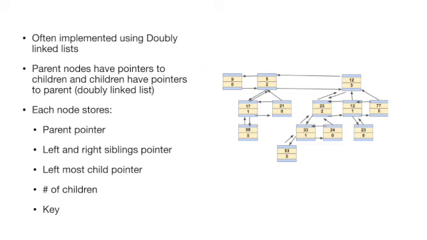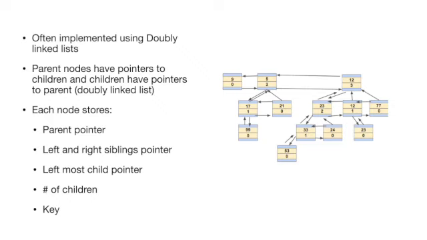Binomial heaps are often implemented using doubly linked lists. From what my research has been able to tell me, this is the most common implementation of binomial heaps. As I'm sure we're all familiar with doubly linked lists, parent nodes have pointers to children and children have pointers to the parent, and that's really the primary requirement that a doubly linked list has.